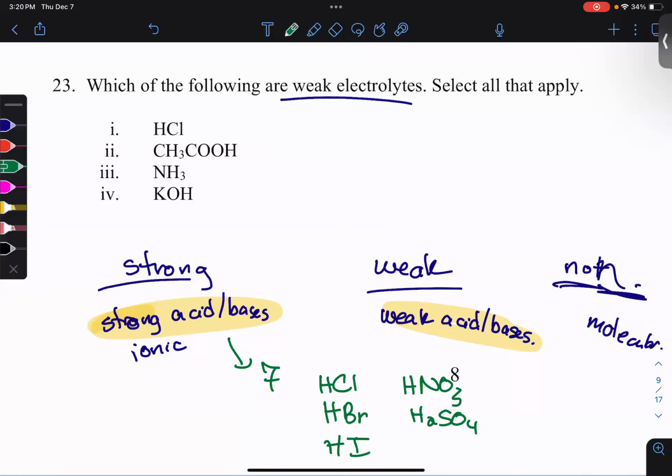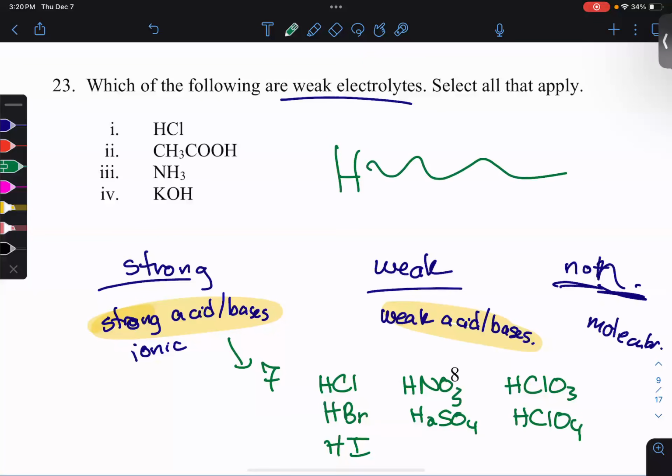And then there's the 2 chlorates, so chloric acid, HClO3 and HClO4. Those are both strong acids. So those are the 7 strong. That means if you have any other acid, so H attached to anything else, it's a weak acid.